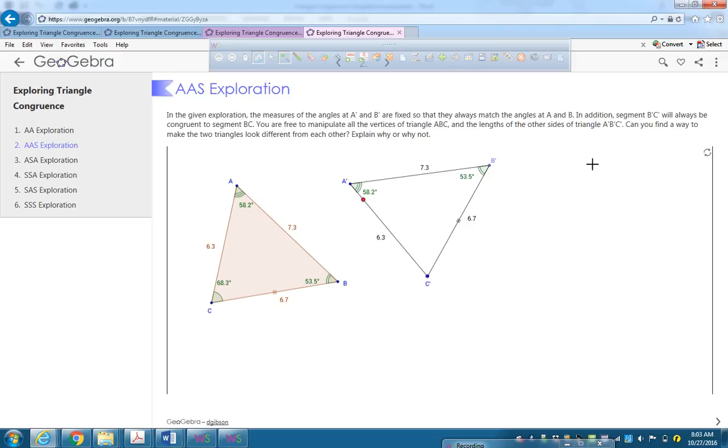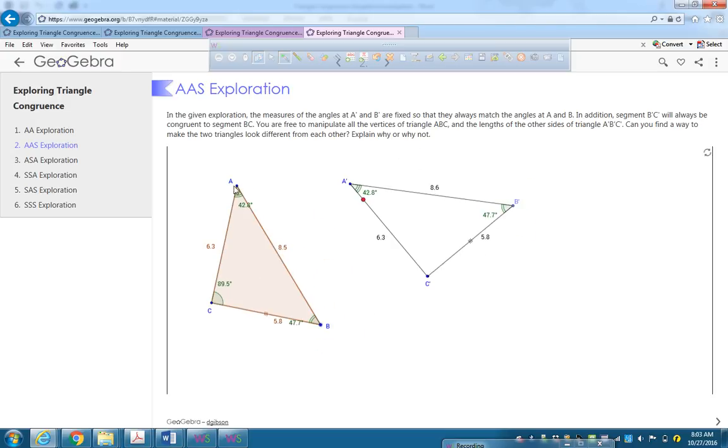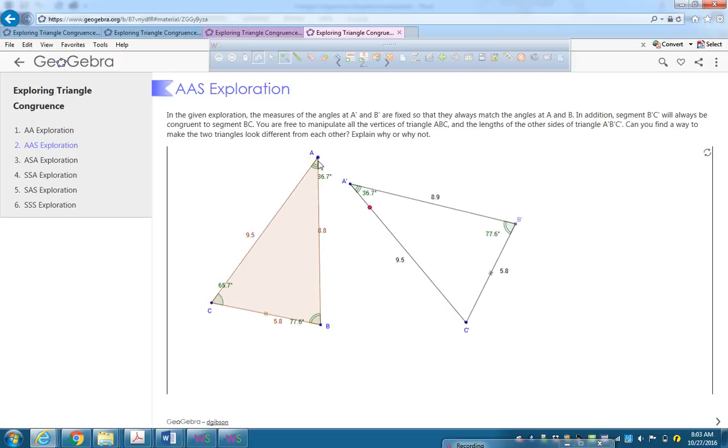Yes. So then what I ask you to do within all these investigations is drag this and see, if I change things, are they still congruent? Well, that's what you're going to determine, okay? So you're going to walk through and you're going to see.